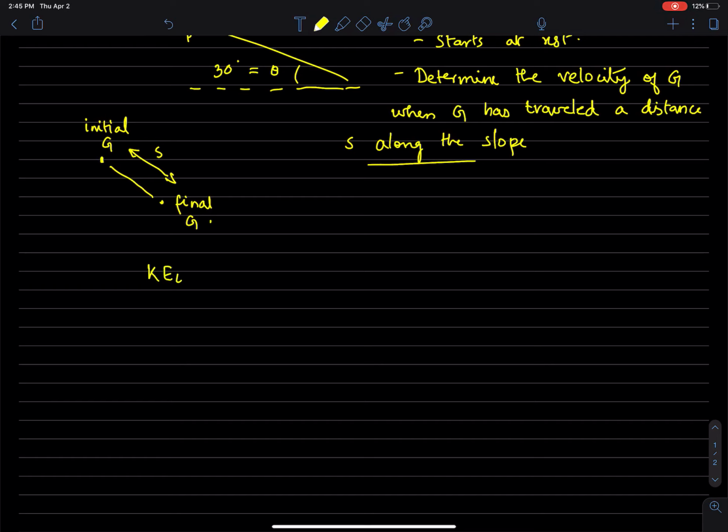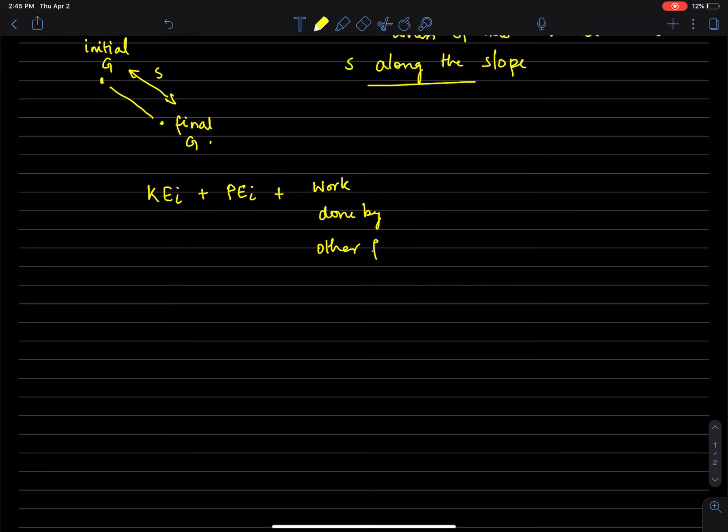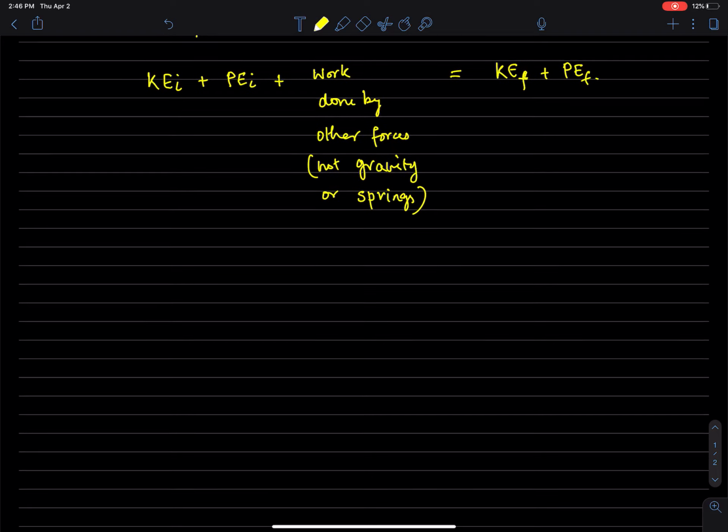It's KE initial plus PE initial plus any work done by other forces, by which we mean not gravity or springs, equals KE final plus PE final. Okay, now let's go through these terms one at a time.